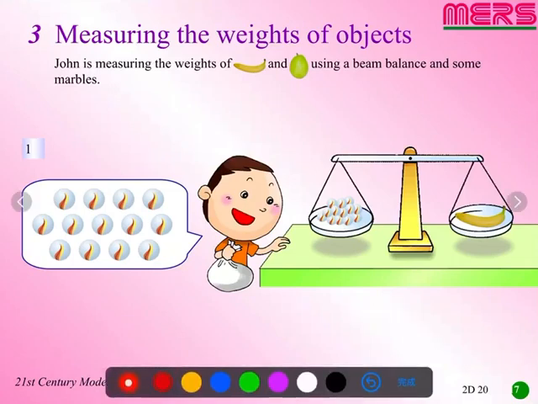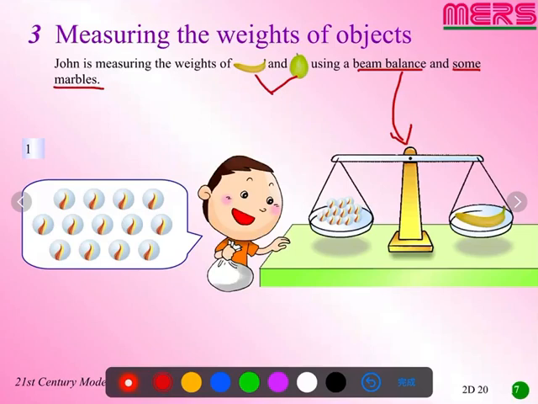Okay, when we measure the weights of objects, we may use a beam balance. Beam balance, that means the tool we are using here. And why we need to use some marbles?